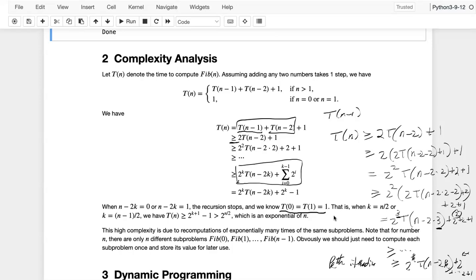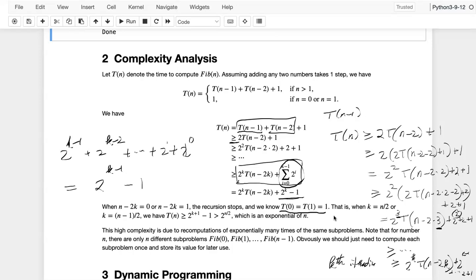Now, let's figure out this sum: 2 to the k minus 1 plus 2 to the k minus 2 plus 2 plus 1. This is just 2 to the 1, this 2 to the 0. Using geometric summation, this is going to be 2 to the k minus 1. Okay.